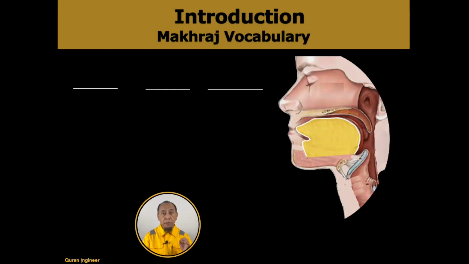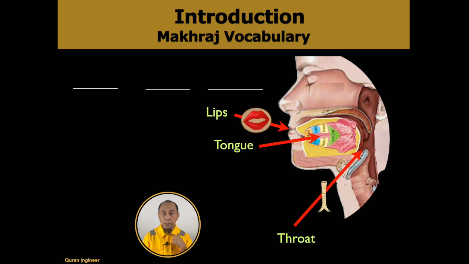Before we go into building the Makhraj table, let me give you an overview of the terminologies that you will come across later, so you know how they are related and what to expect. There are three main Makhraj that we are going to look at: the lips, the tongue, and the throat.